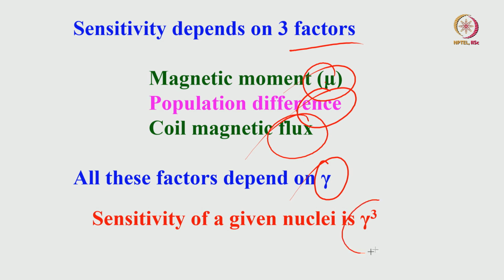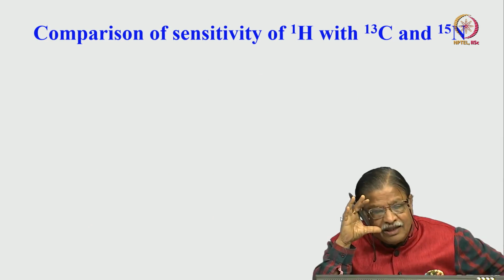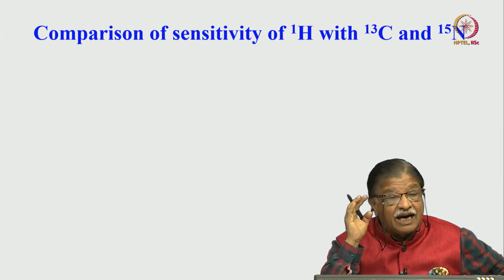So it depends upon gamma cube. Sensitivity is linearly dependent upon gamma cube because of these three parameters. So the higher the gamma, the higher the sensitivity. This is the reason why I said the proton, among all the nuclei in the periodic table, has the highest gamma.